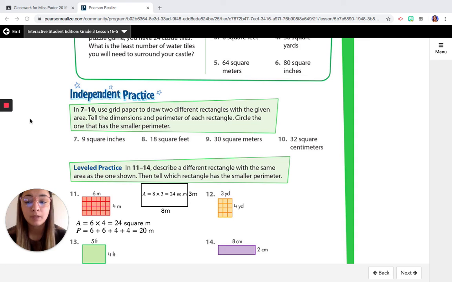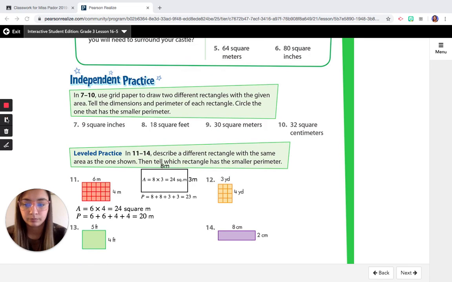Let's find out how much the perimeter is on our second shape. All right, so right here, I went ahead and did the perimeter. Just like the other one, since I know it's a rectangle, I have two sides that are 8 meters, two sides that are 3 meters. So I added 8 plus 8 is 16, plus 3 is 19, right? 16, 17, 18, 19, yep.